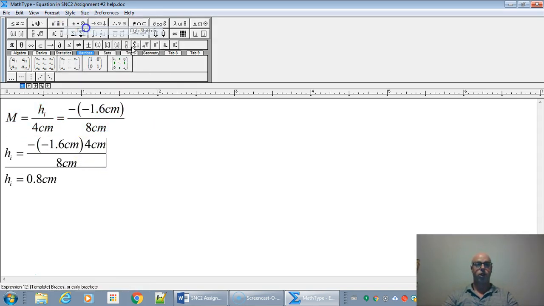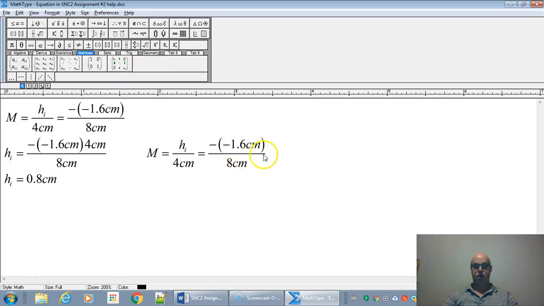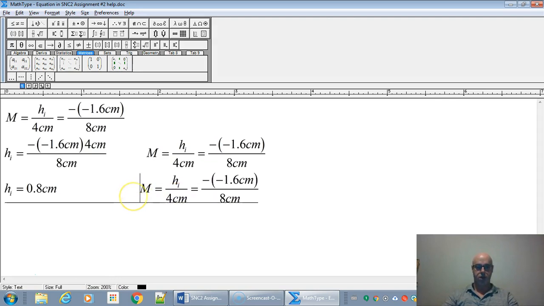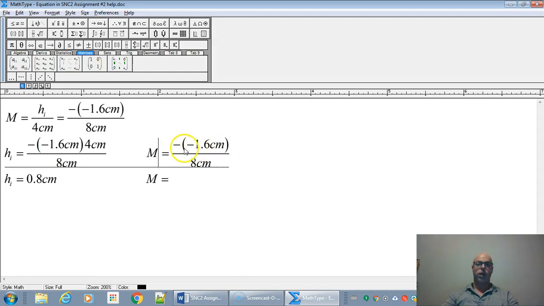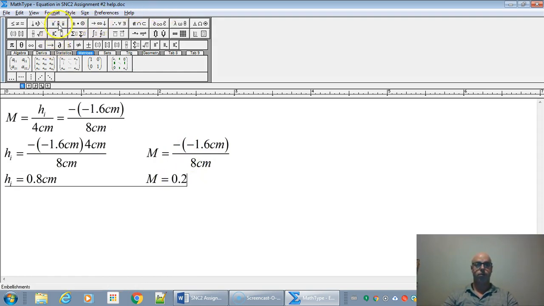Then if we grab two other parts of this equation, we get negative 1.6 divided by 8. You can use your calculator for that. 1.6 divided by 8 is 0.2, and two negatives make a positive, so that's 0.2 times, or 20% of what it used to be.